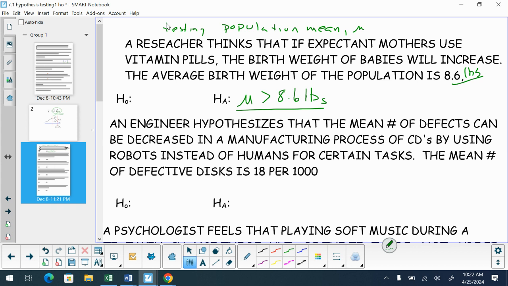And that's your alternate hypothesis. That's what we hope is true. If we take these pills, these vitamins, we're going to increase birth weight. So we hope it's going to get bigger. We don't know what it's going to be, but we know it's going to be bigger.